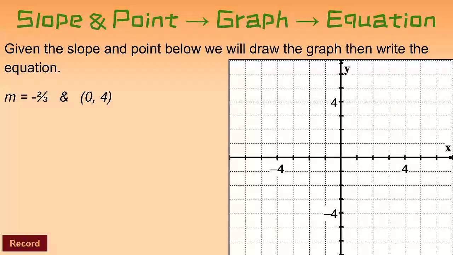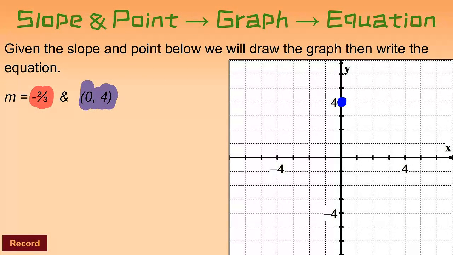All right, on this first problem here, we're taking a slope and a point right here, and we're going to graph it, and then we're going to write the equation, just like we did in the warm-up, okay? So there were 2 points in the warm-up, so this is a little different. So our point here that we're going to plot is 0, 4, right there, and our slope is negative 2/3.